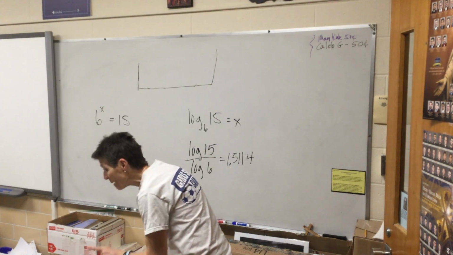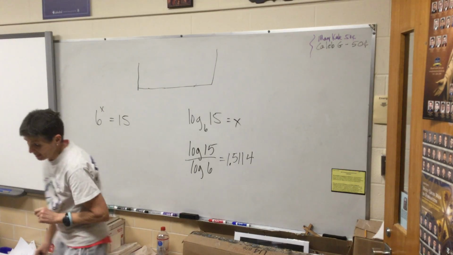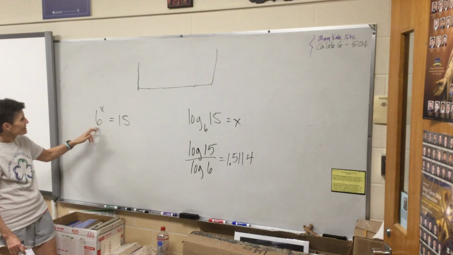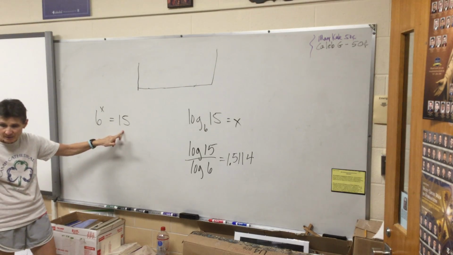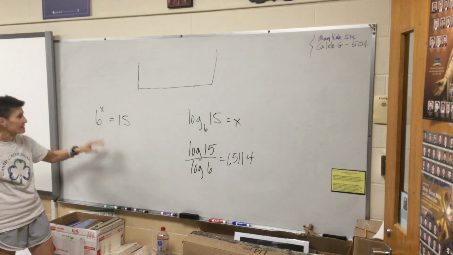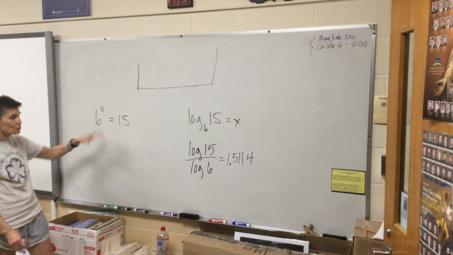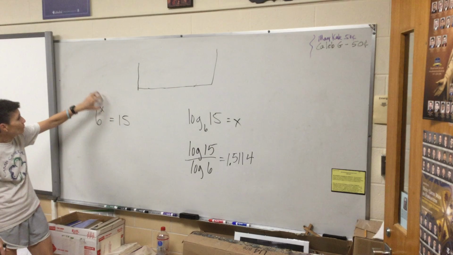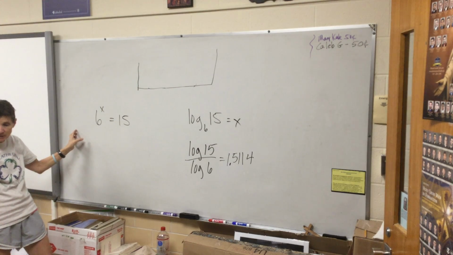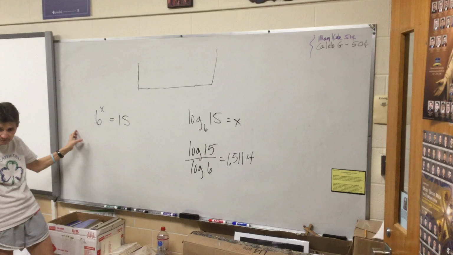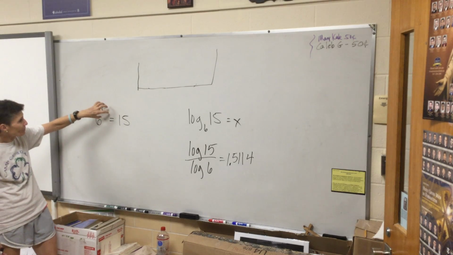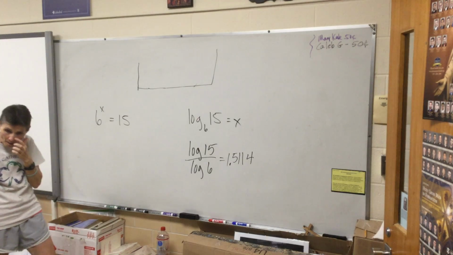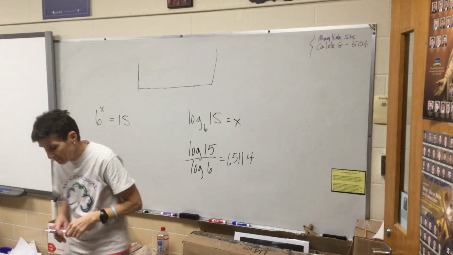Now, I want you to think about the problems we did yesterday. You can't raise 6 to a power and get 15. 6 to the second is 36. 6 to the first is 6. You can't get 15. So we need to get that exponent off of there, just like we did yesterday. Who remembers what we did to get that exponent down?